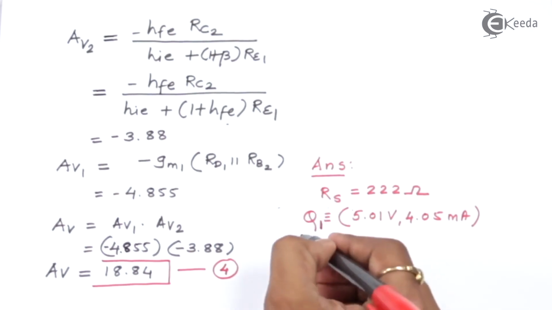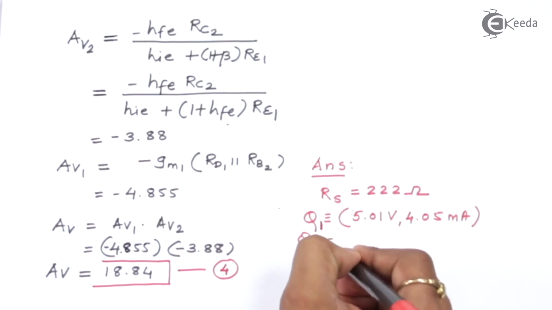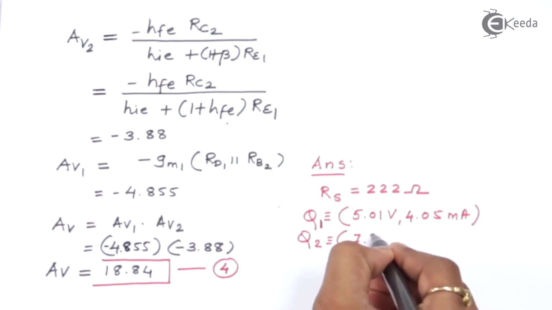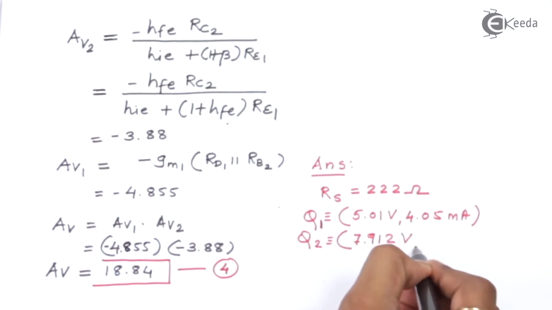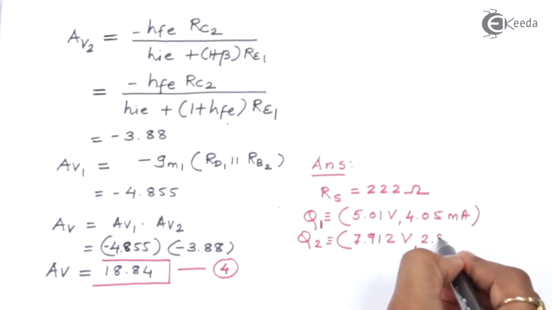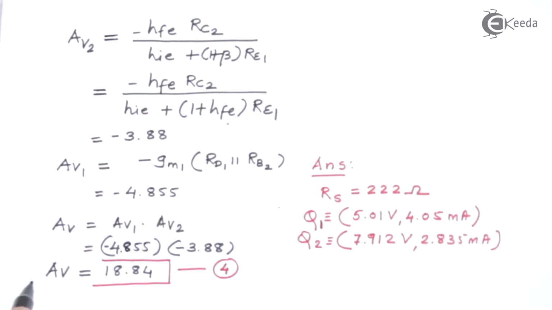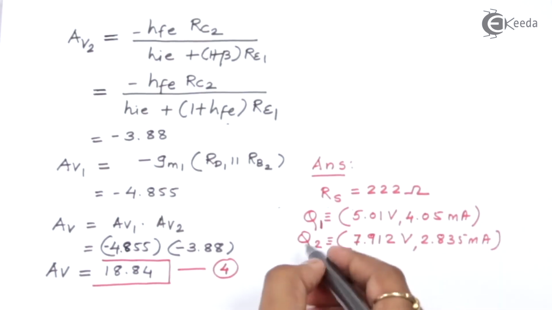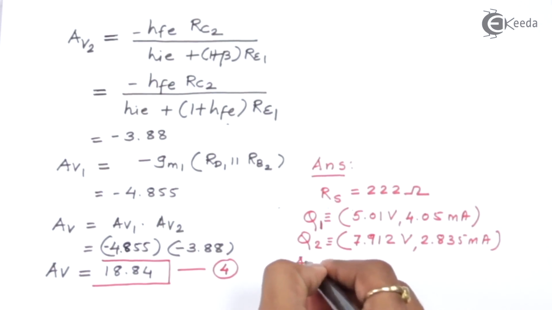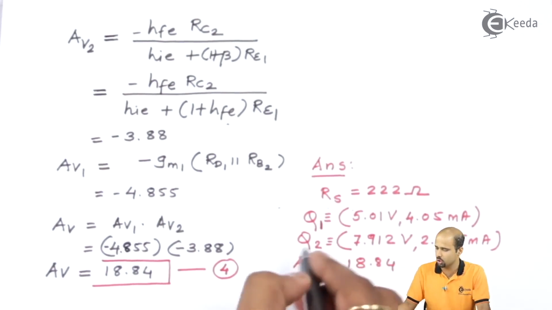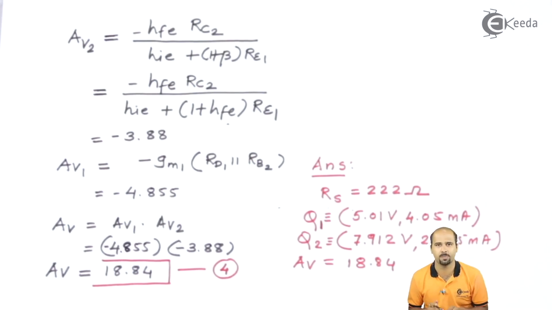Q2 we get 7.912 volts, 2.835 milliampere, and that is nothing but VCE, ICQ. And the last finding we have got is AV equal to 18.84. So this is the answer which is expected from this particular numerical for 8 to 10 marks.